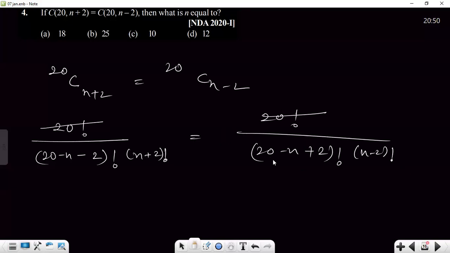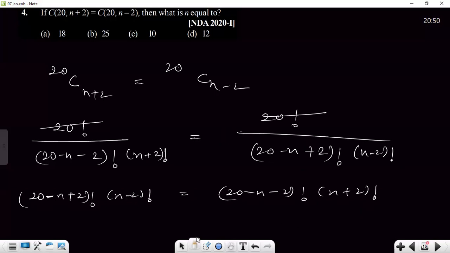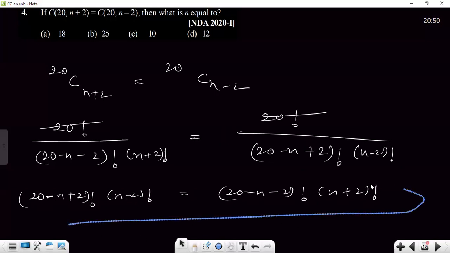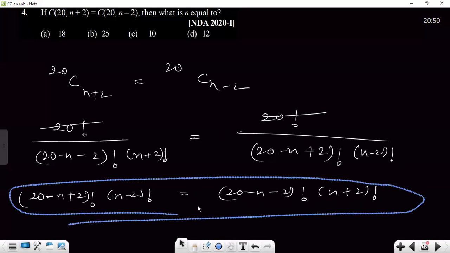Let's cross multiply: (20 minus (n plus 2)) factorial into (n minus 2) factorial is equal to (20 minus (n minus 2)) factorial into (n plus 2) factorial. Let's expand them on the next page.